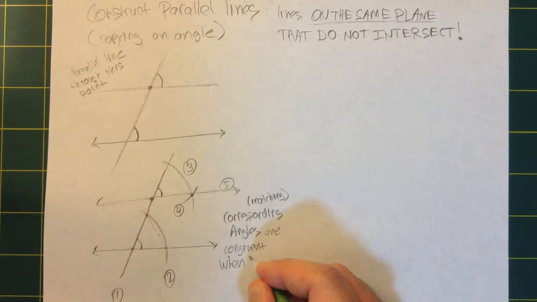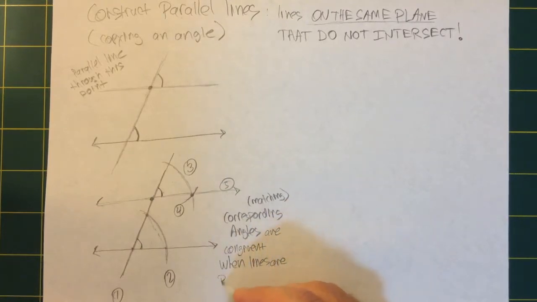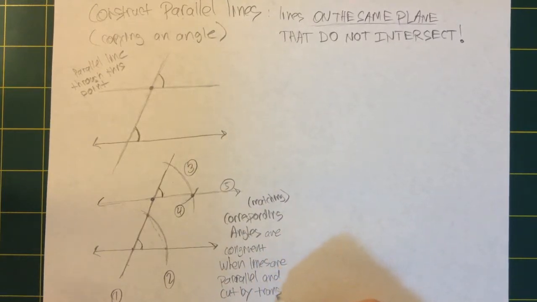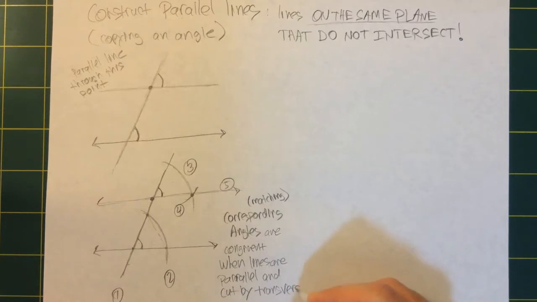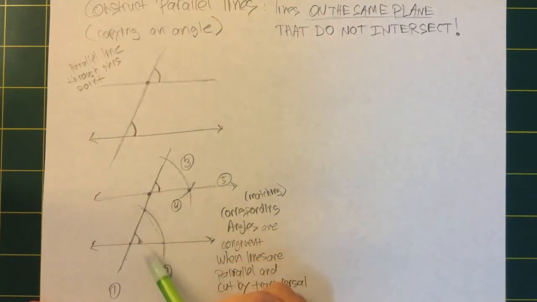when lines are parallel and cut by this thing, which is called a transversal. Corresponding angles, they're matching, they're in the same place, the top right, the top right.